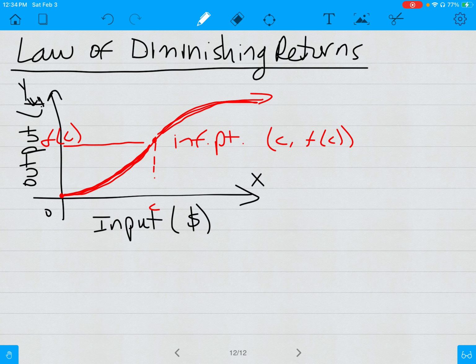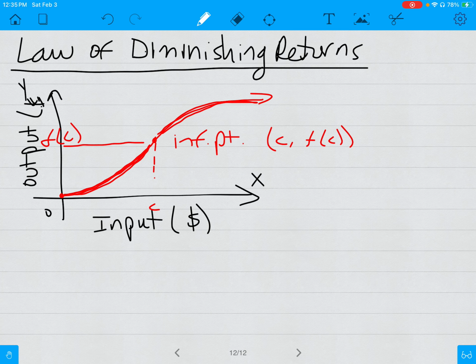Each additional dollar that we spend in the input is making the output increase at a faster rate because it's concave up. But once we hit an input of C dollars at the inflection point, the graph switches to concave down, meaning that each additional dollar spent after C has less of an impact on the output than it did before, because the rate of change of the slope to the right of C is decreasing.